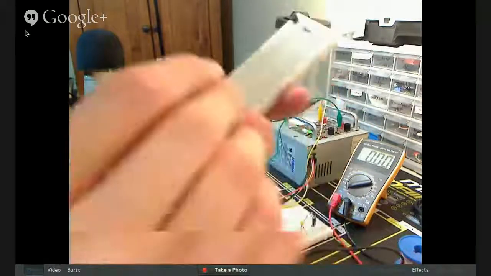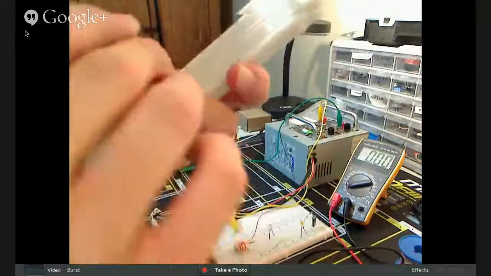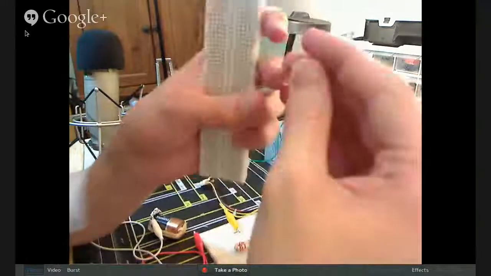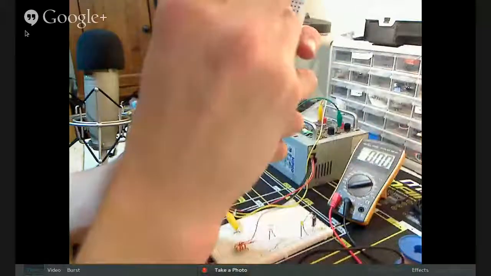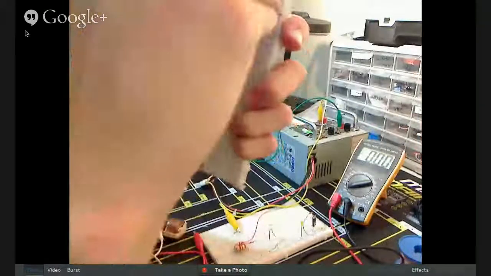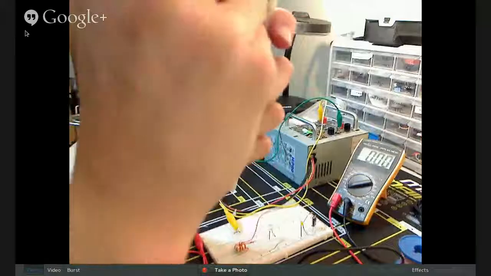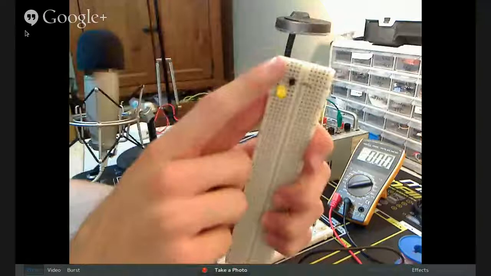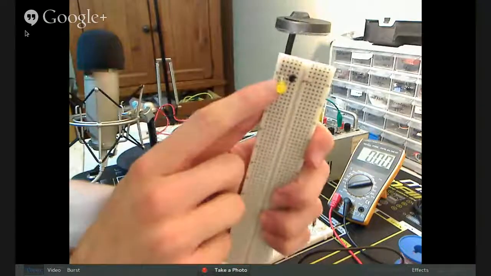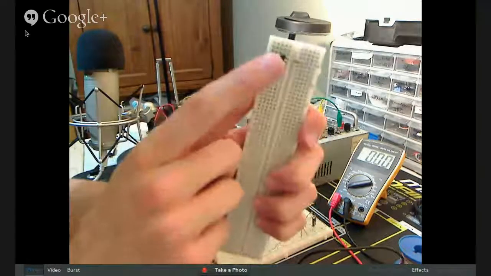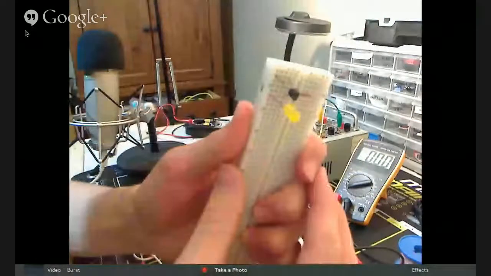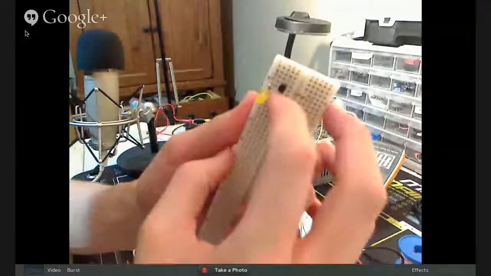Our LED will find the negative side, which is the flat side on the plastic, or the shorter lead, and we'll put that so the long lead is at the top and the short lead at the bottom. We keep positive voltage up top and 0 volts or ground potential on the negative lead at the bottom. It'll go straight across the collector and the emitter of our transistor there.